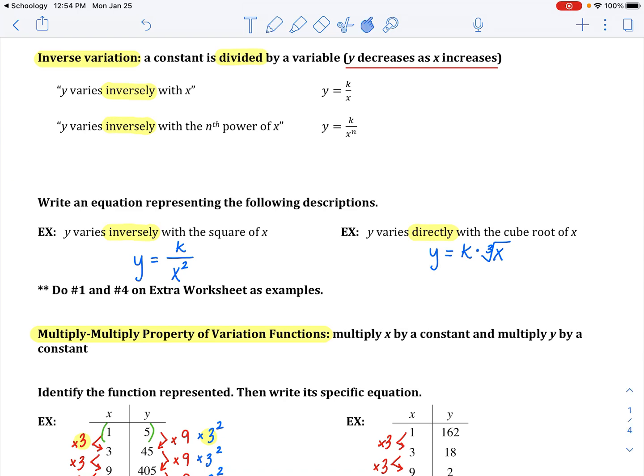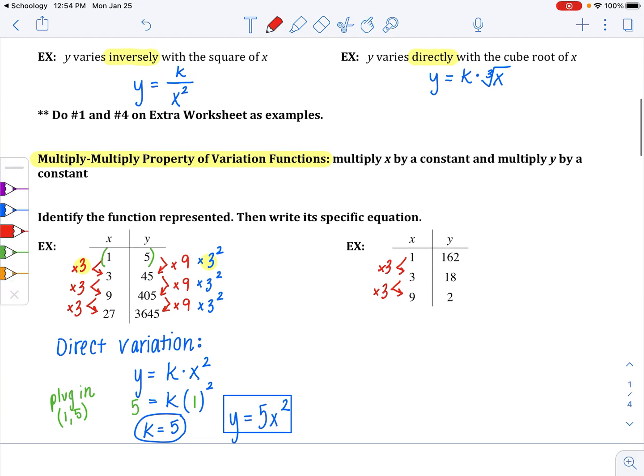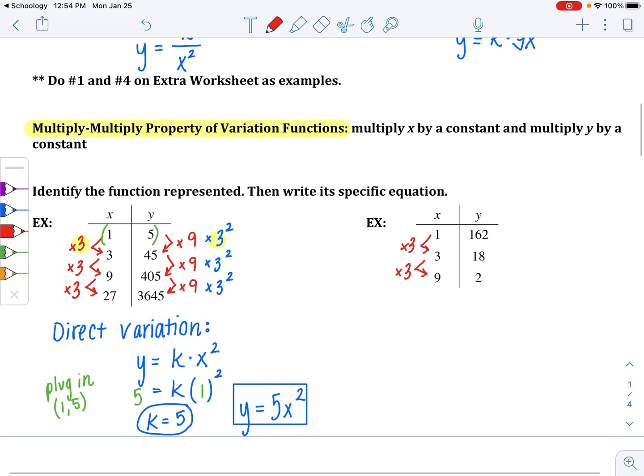Let's now confirm it. How do I get from 162 to 18? I'm actually going to divide by 9. Divide by 9. But you're like, this is the multiply property.